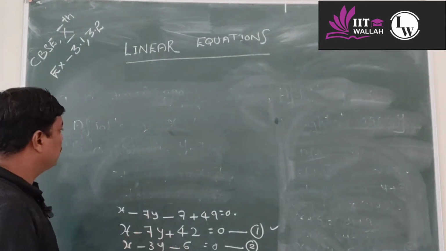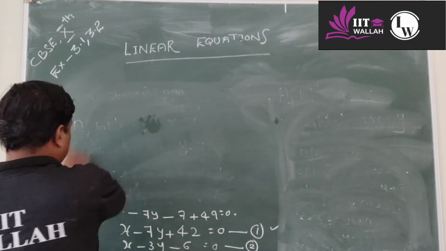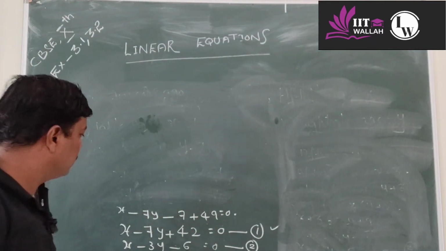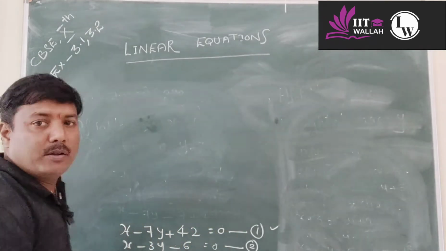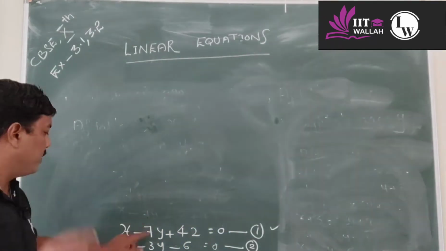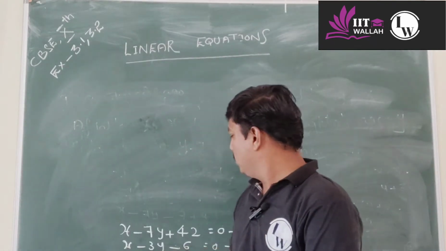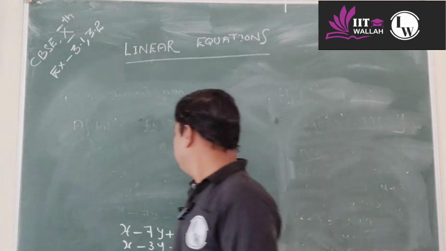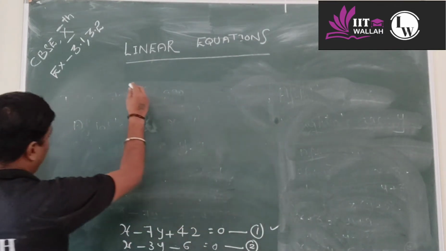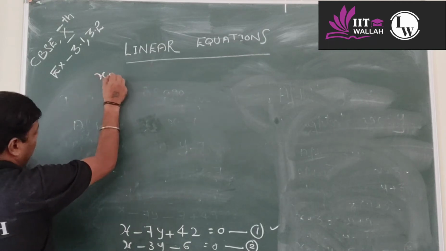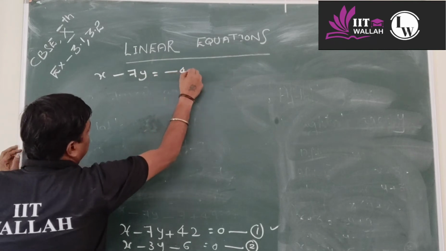Okay. Now see. I think you can see this very clearly. These 2 equations, 1 and 2. So these 2 equations we will write like, first one is x minus 7y is equal to minus 42.